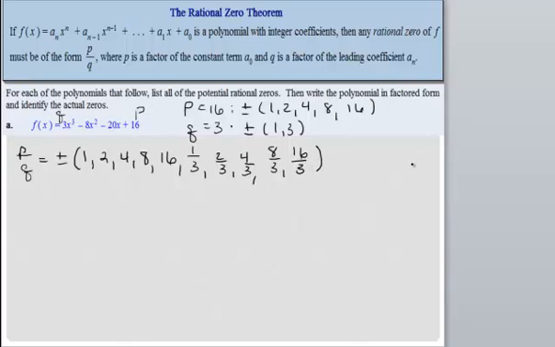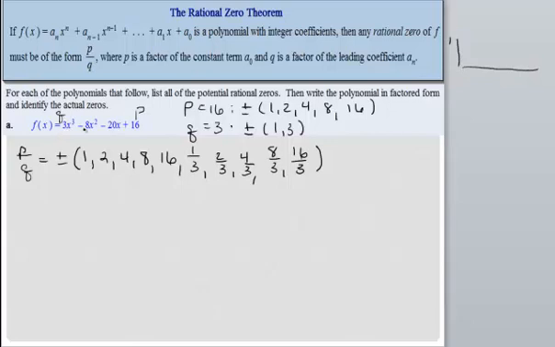So out of all the numbers in the whole world, only these in this list are possible zeros for this function. I should clarify, possible real zeros of this function. So what we want to do is figure out which ones actually are the zeros. Well, we could go through and do some synthetic division. Just to review, we'll put 1 on the outside.